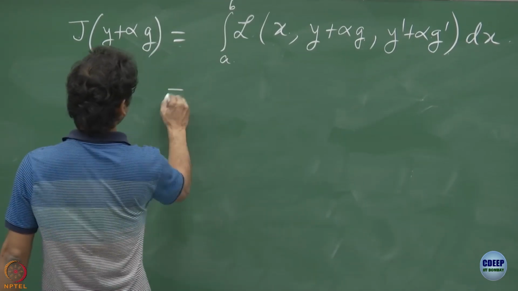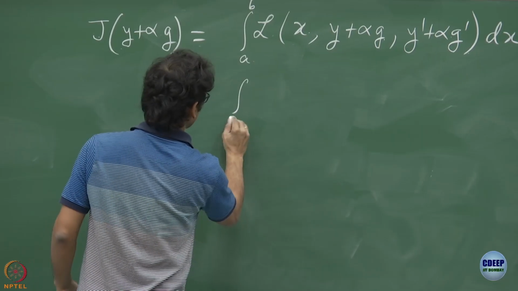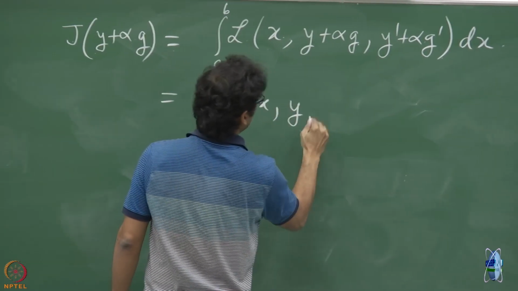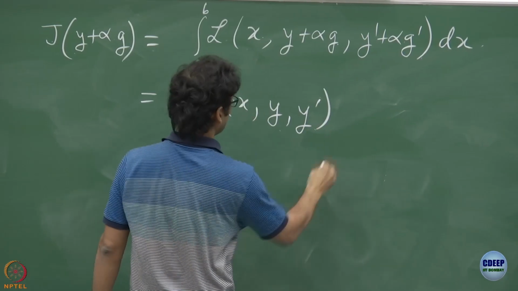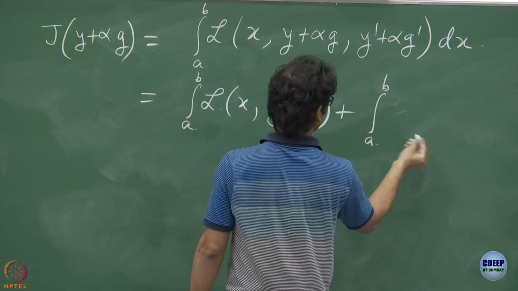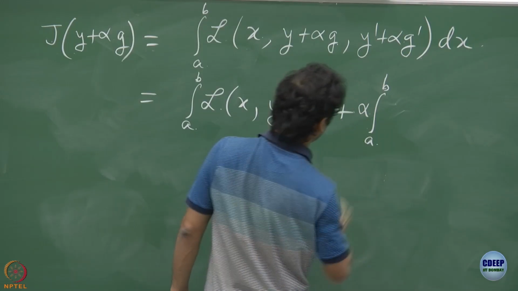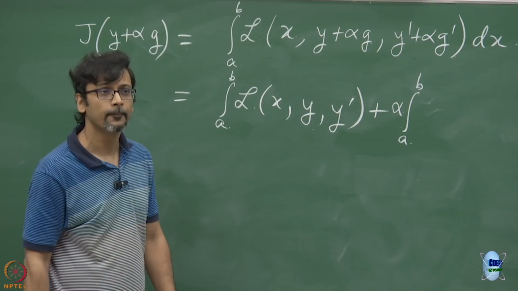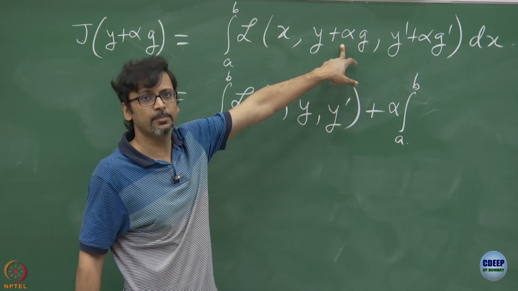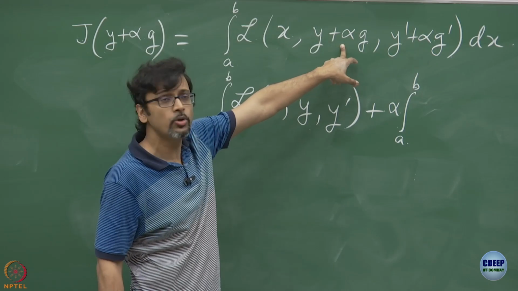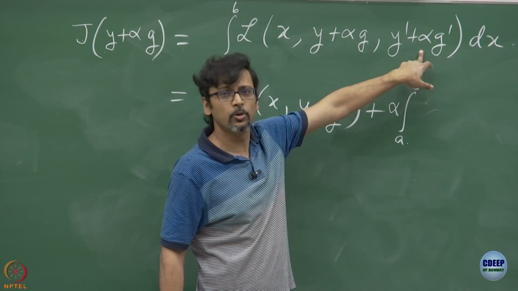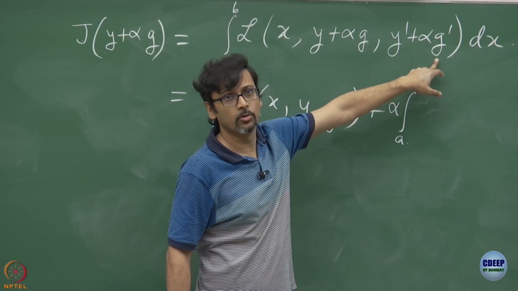So this will essentially be the integral from a to b of L of x, y, y prime, plus the integral from a to b of alpha times what exactly? Second argument gets expanded. What gets pulled out? G gets pulled out. When you expand the third one, what gets pulled out? G prime gets pulled out.